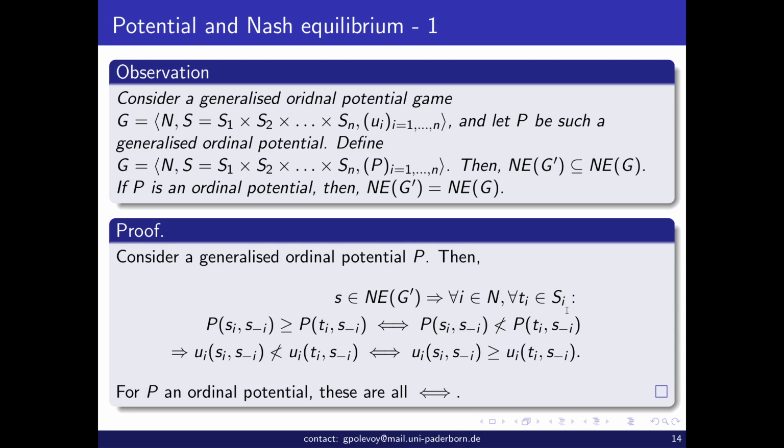Okay, so by the definition of equilibrium, if you have a Nash equilibrium, then it means that for each player and for each strategy to which that player could have deviated, the deviation would not have paid. So it means that the utility in the original profile would be at least as much as that player would get after deviation.